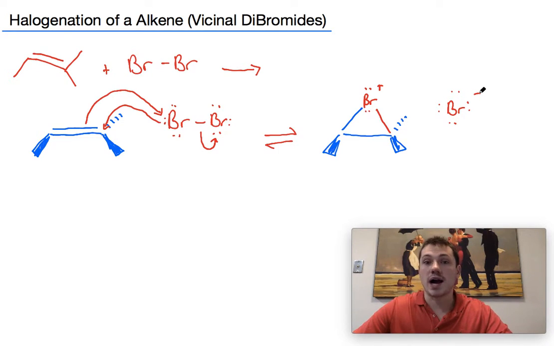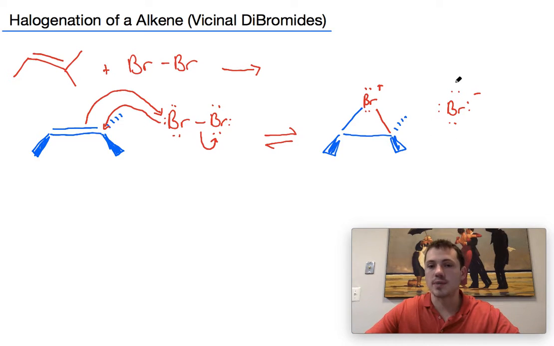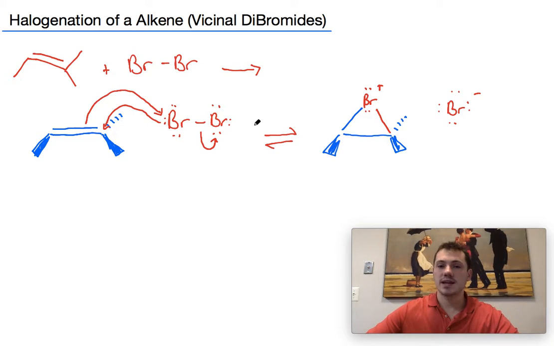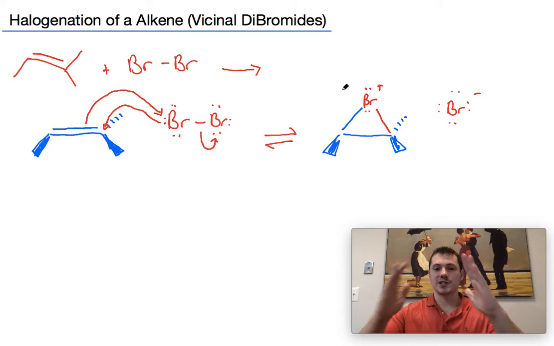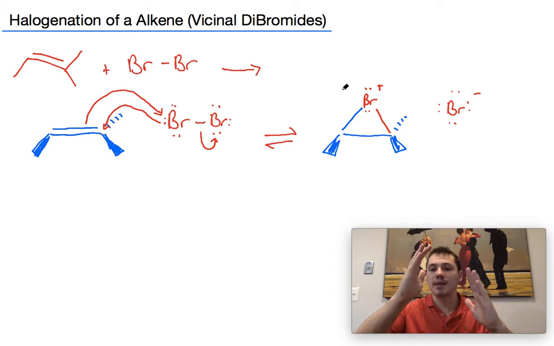This is what we call a tribromide intermediate, or it could be a trichloride intermediate, depending on which halogen you use. What we have to ask ourselves is which one of the two carbons this bromine is going to want to attack. To best understand that, we want to think of this bromine not as a rigid bond, but as kind of moving back and forth.